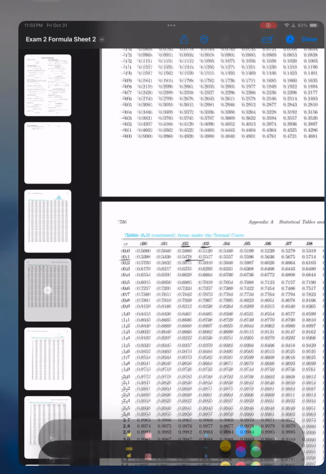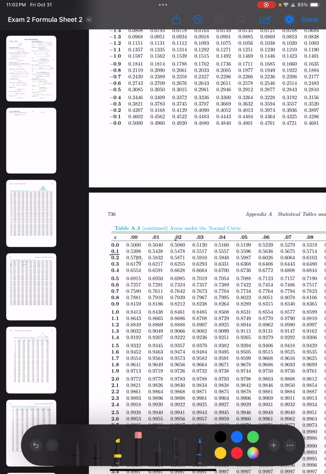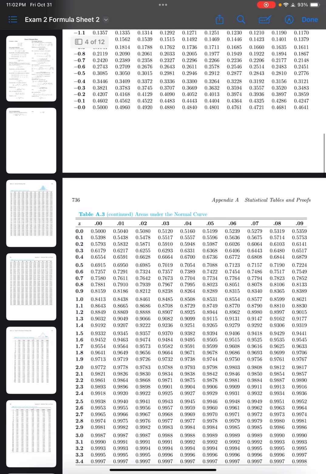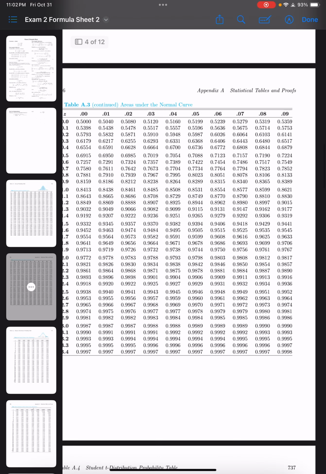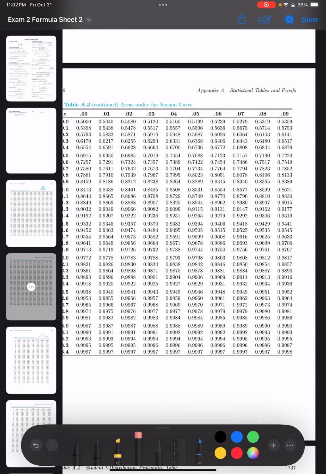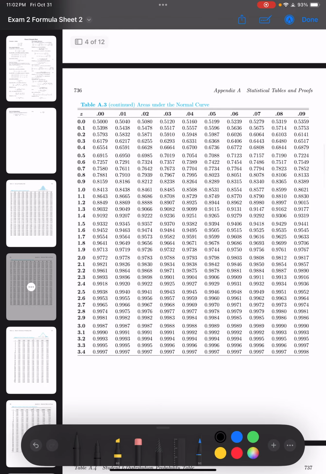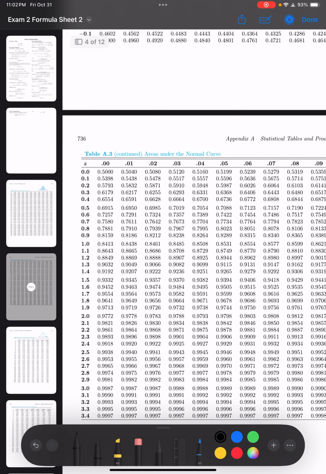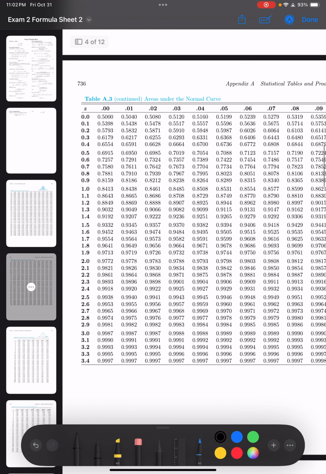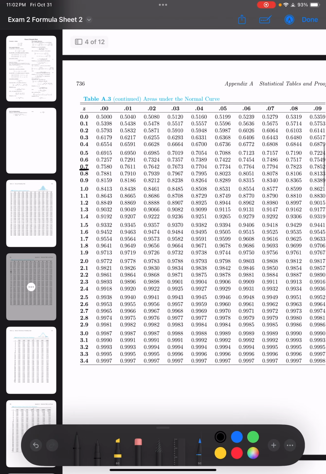So we have our z table over here. So we need to find 0.75. And since this is our z value, we have 0.75, and that's this over here.